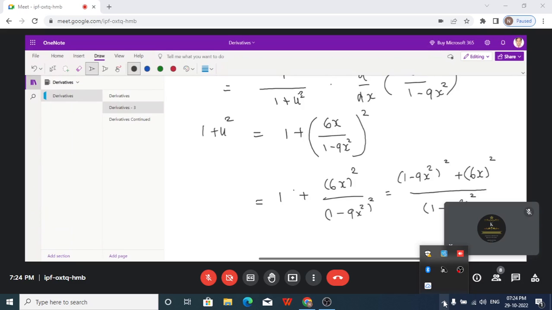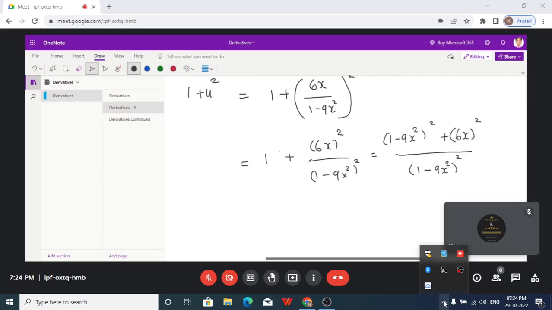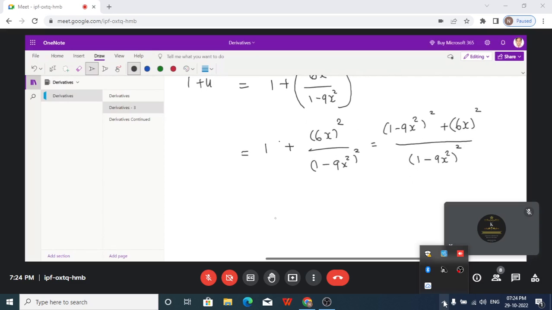Okay. One minute. So we have to expand it here. 1 minus 18x square plus 81x power 4.